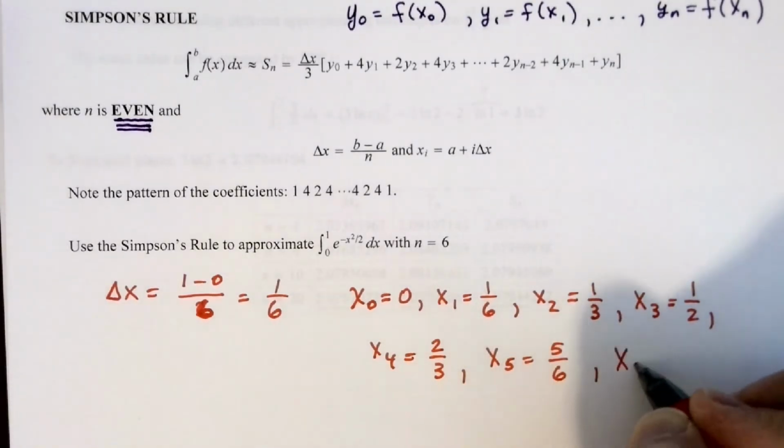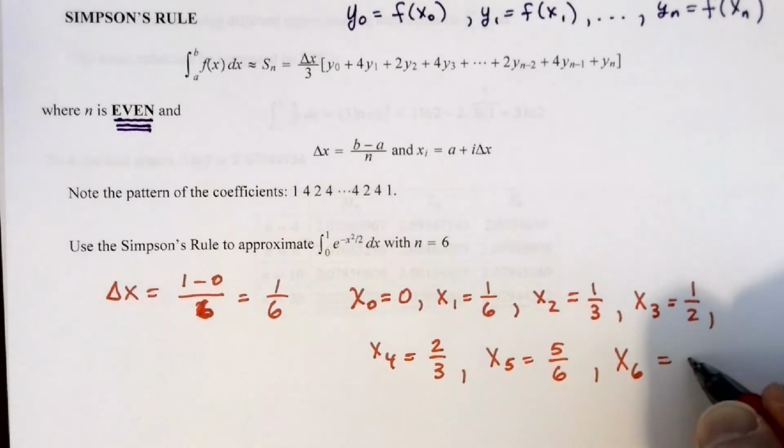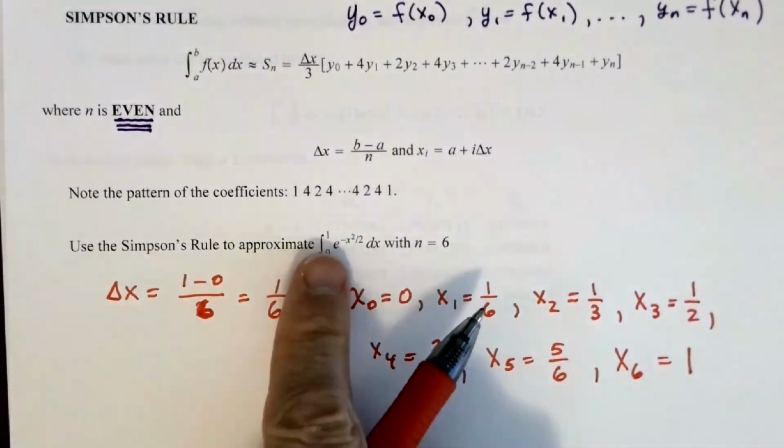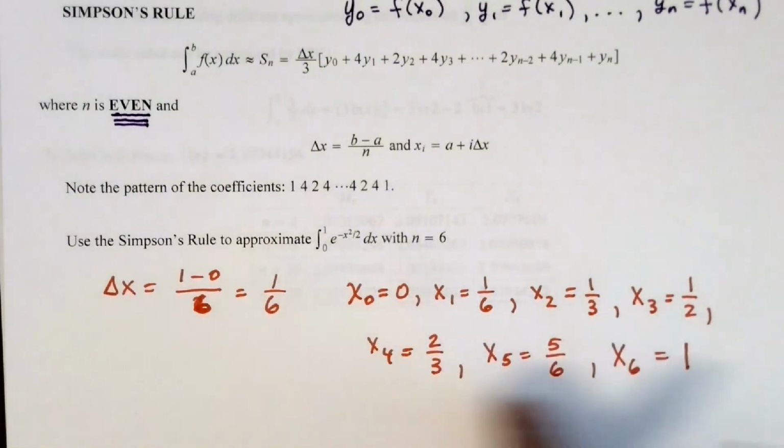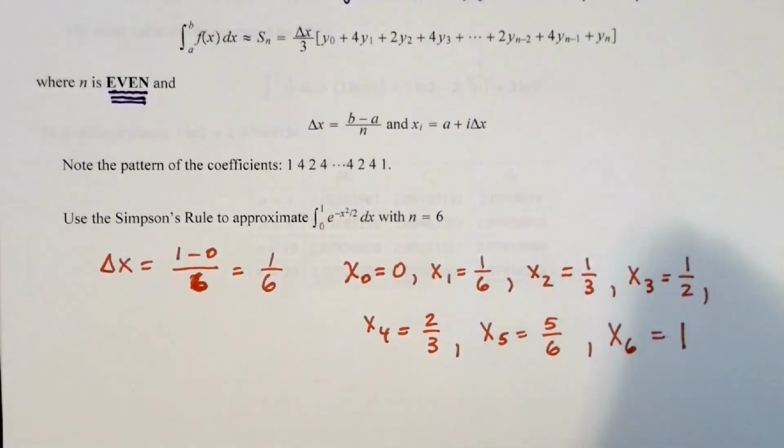And x sub 6 is 6/6 or 1, which is where we should end. So just stepping off by 1/6 each time, we get these values.